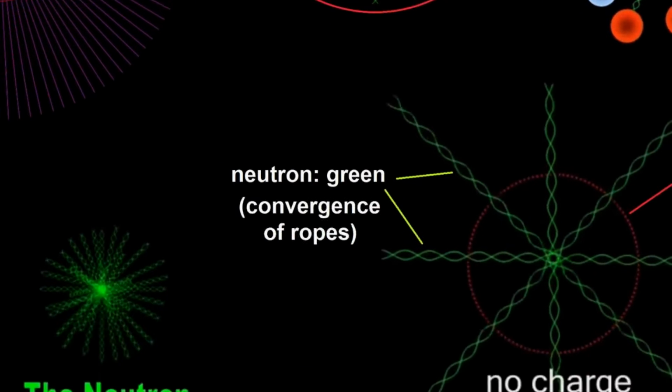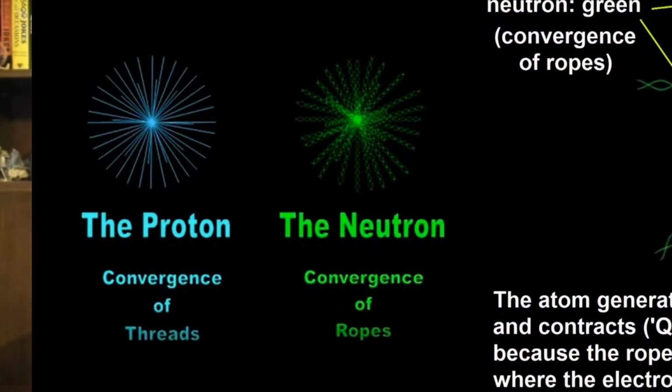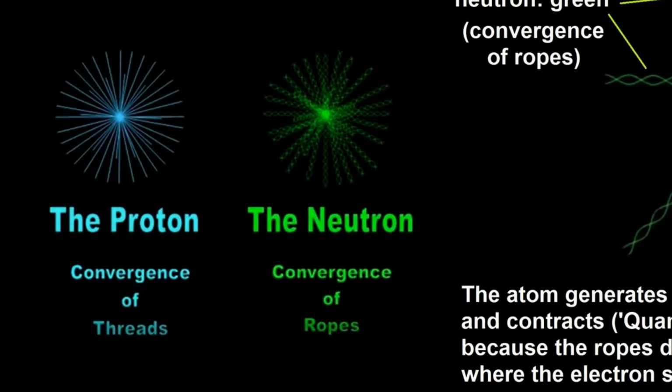Let's see if I can show it here. Here we have the proton and the neutron, next to each other, okay? And you say, well, why does the proton and the electron, in other words, the atom, have charge? And why doesn't the neutron, which comes from neutral, it's a neutral particle, have charge?